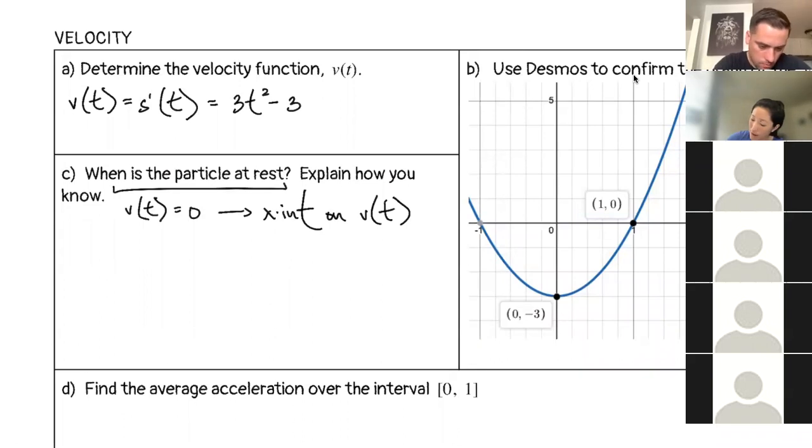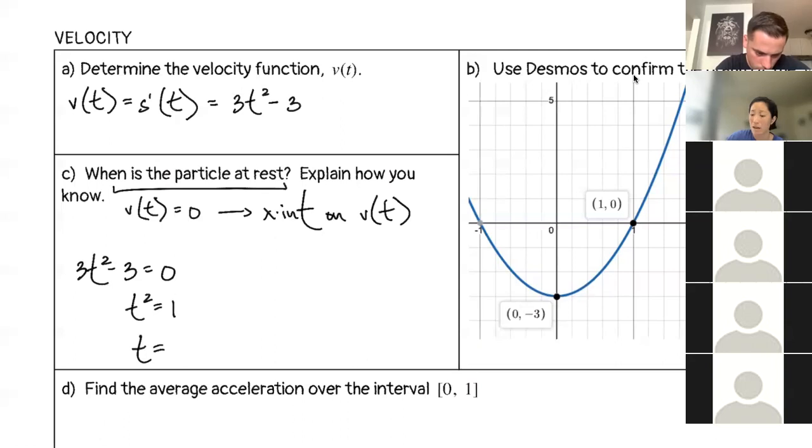All right, how do we find this from the equation though? We're going to grab that velocity equation and set it equal to 0. When we're setting it equal to 0, that means we're finding that x-intercept. So we'll get t squared equals 1. Now this next part is actually really important. When I take the square root of both sides, I'd better get 2 answers.